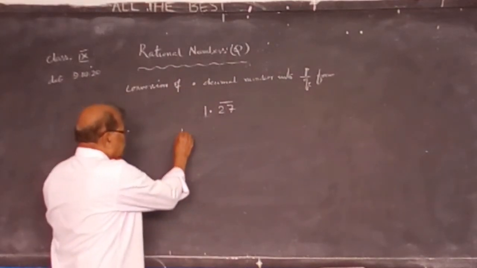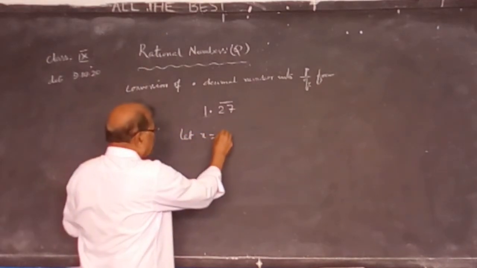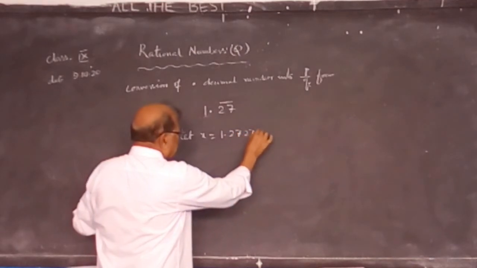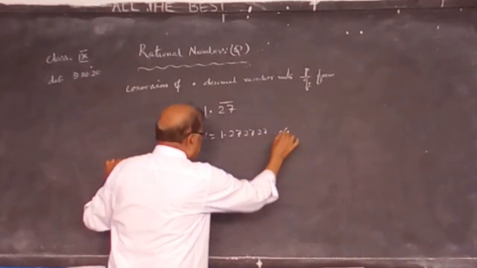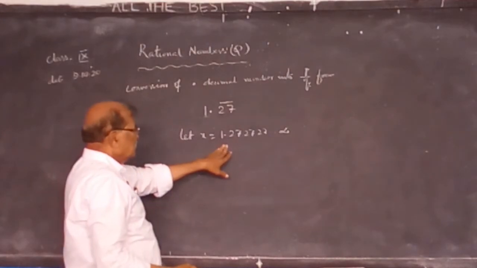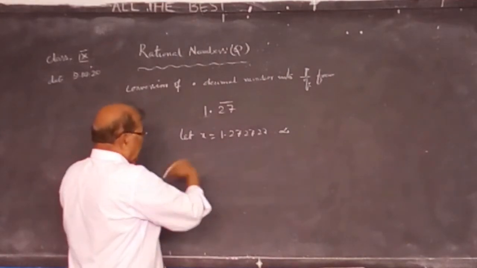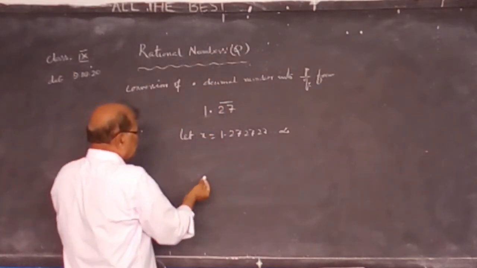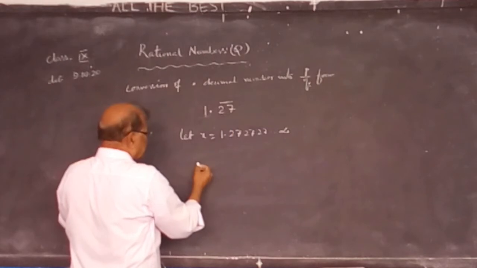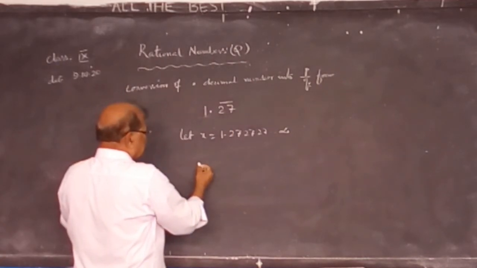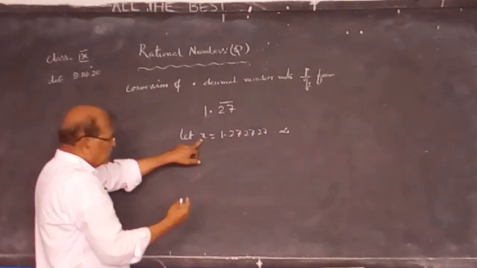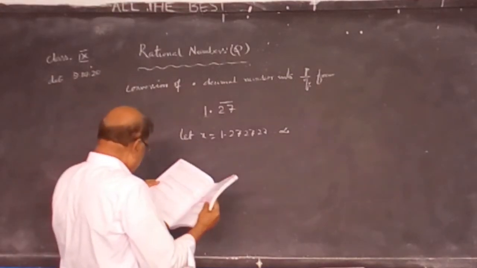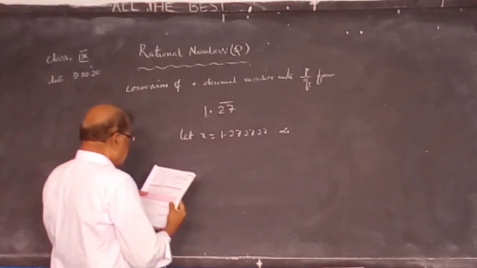Let us suppose the value of x is 1.27 recurring, 27 up to infinity. Now, how many digits are recurring? 2 are recurring, so multiply with 100.